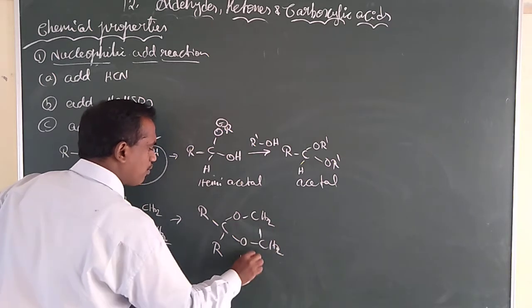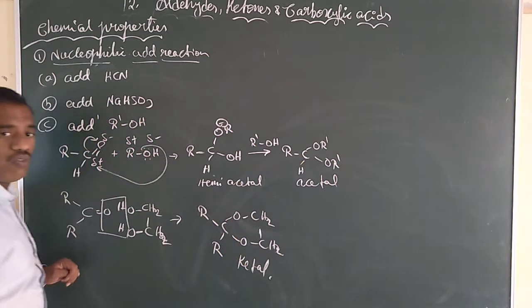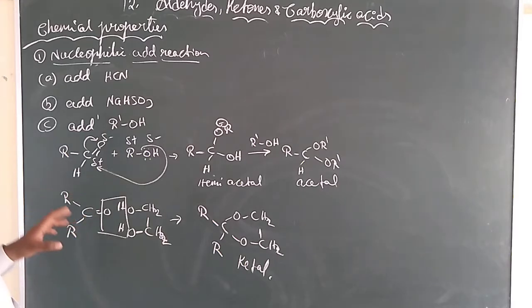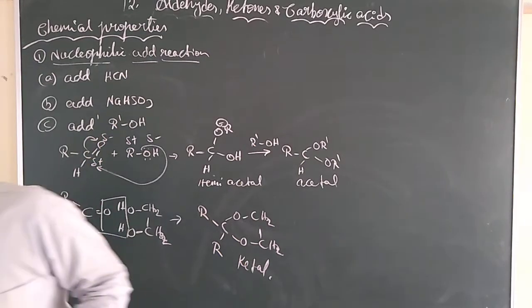The name of this compound is the ketal. So on nucleophilic addition reactions, once you are going for JEE Mains, you must have a glance over all these topics. Then after the nucleophilic addition reactions, what do we have?